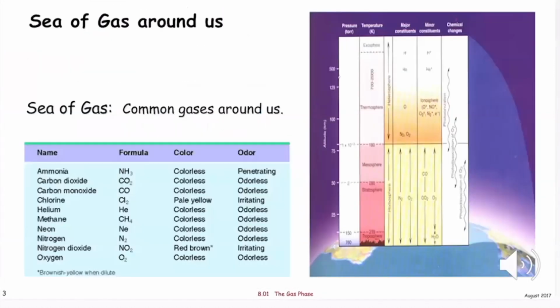And gas probably is the greatest in the amount of quantity. We actually live in a sea of gas. If you look directly overhead, if you're outside, you're being crushed by all the gases overhead.